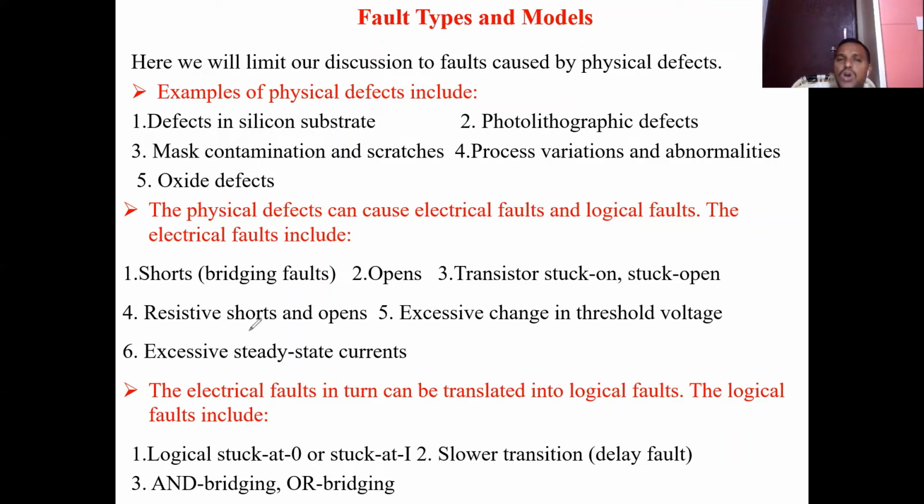Short circuit and open circuit, all these terms belong to the electrical faults. Now we will go with the logical faults. Physical defects cause both electrical faults and logical faults, but mainly they cause electrical faults.